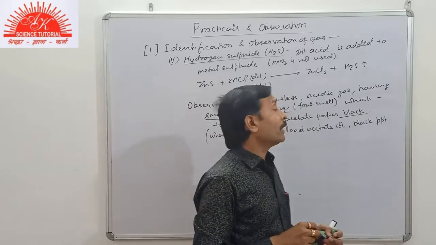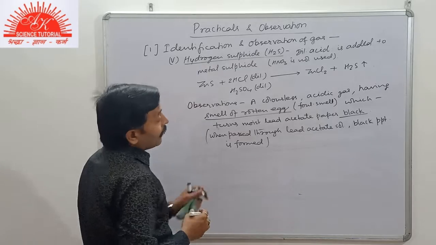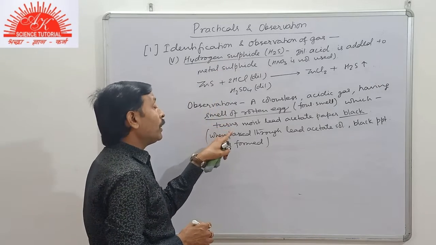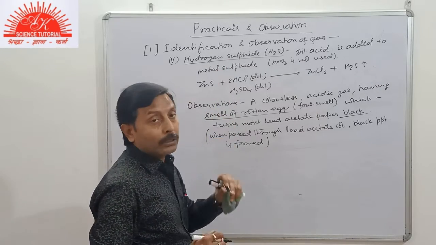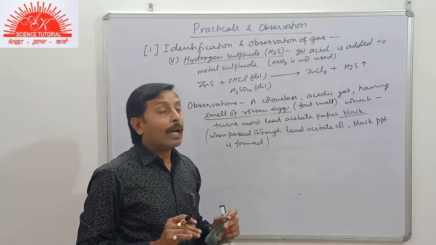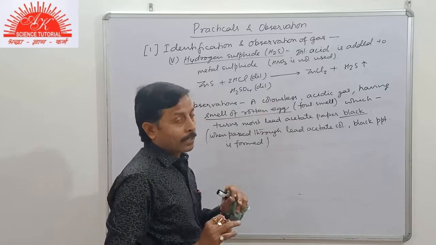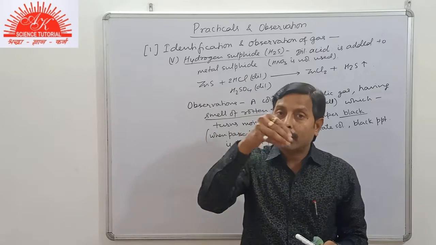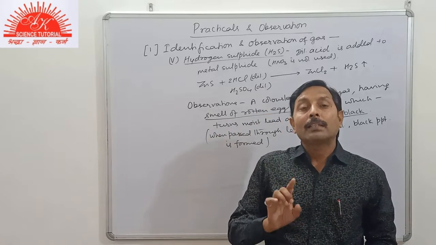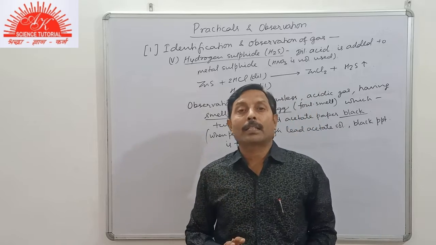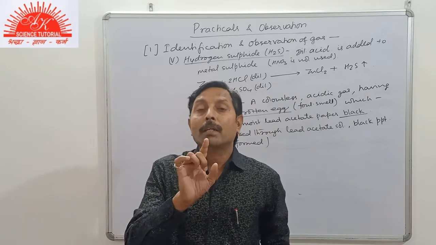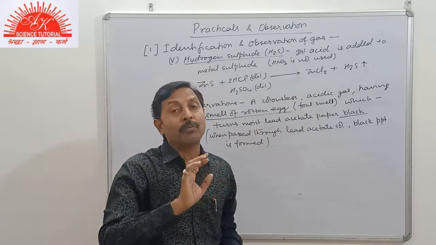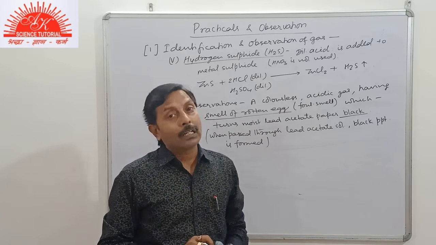In this case, actually the lead's double decomposition reaction takes place, when H2S gas is passed through the solution or moist lead acetate paper is introduced in the gas jar, then double decomposition reaction takes place and lead sulfide is formed, which is black in color.